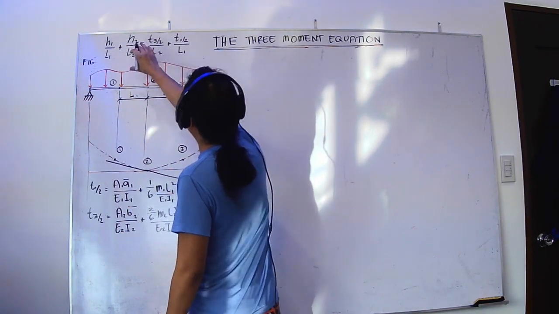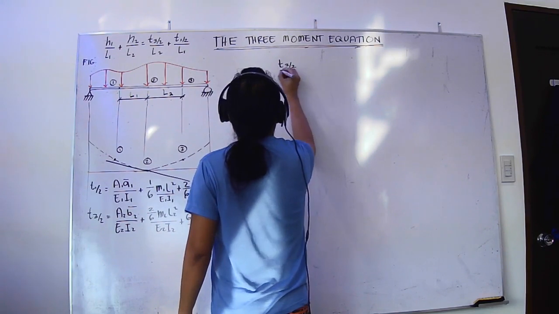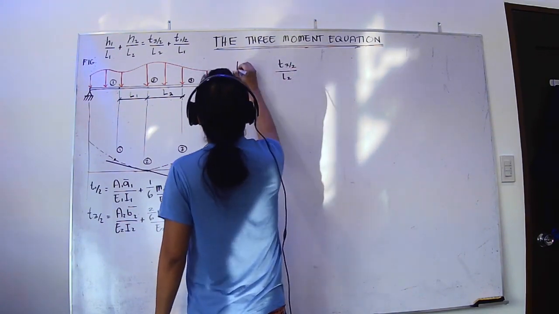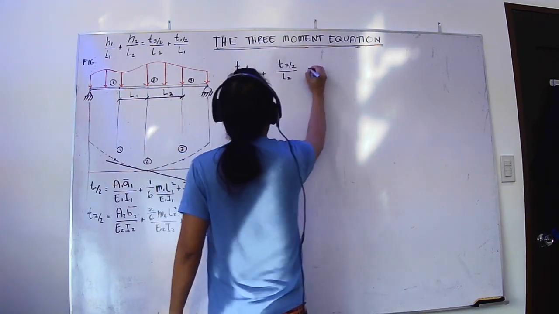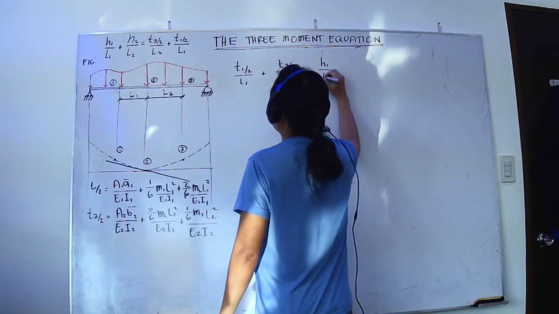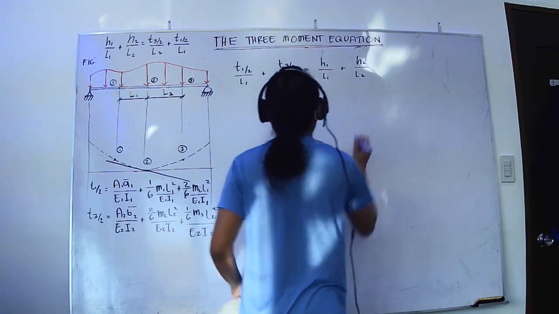So T3 L2 over T1 L1 plus this, that is equal to H1 L1 plus H2 over L2.